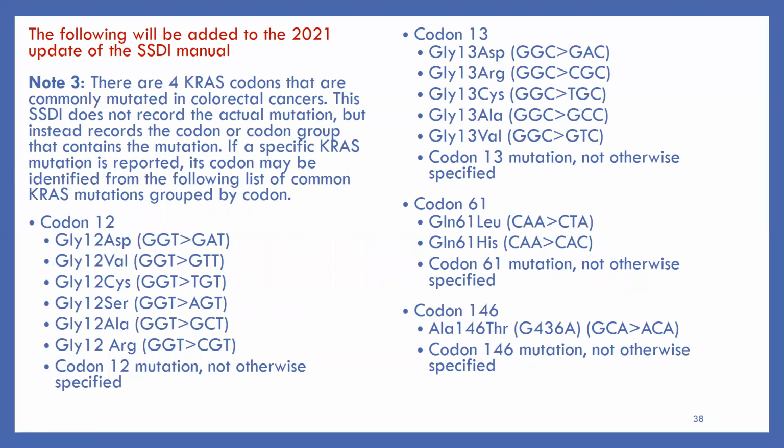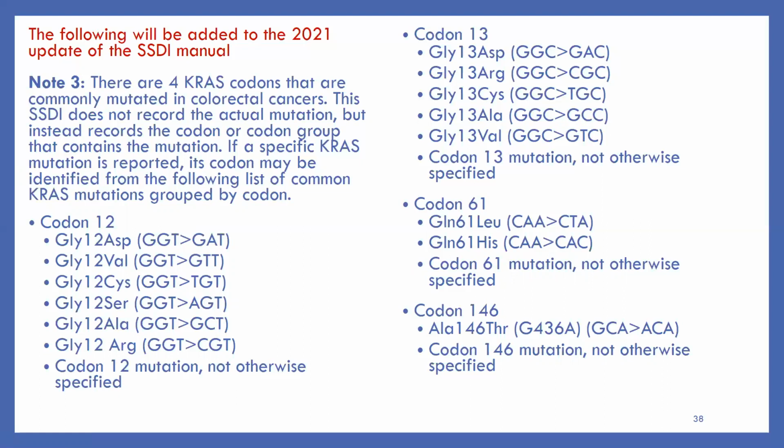The following will be added to the 2021 update of the SSDI manual. This will not be updated for this year. There are 4 KRAS codons that are commonly mutated in colorectal cancer. This SSDI does not record the actual mutation. Instead, it records the codon or the codon groups that are mutated.